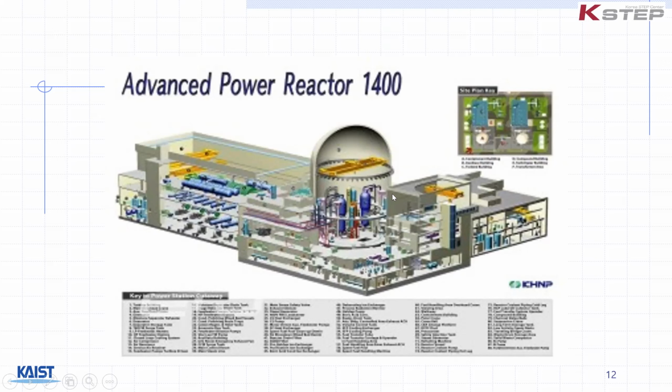The others are other facilities, such as the generator or turbine. So 1400 means 1400 megawatt. It's a big one. So the electricity generation of the nuclear power plant can be 1400 megawatt.